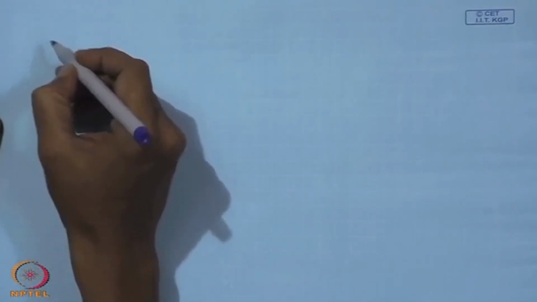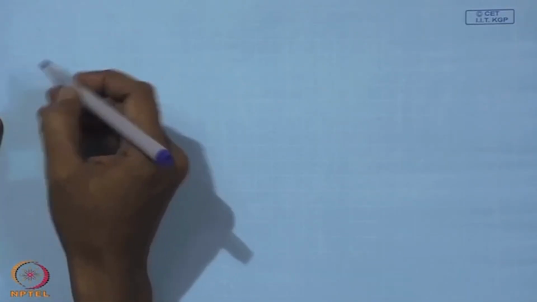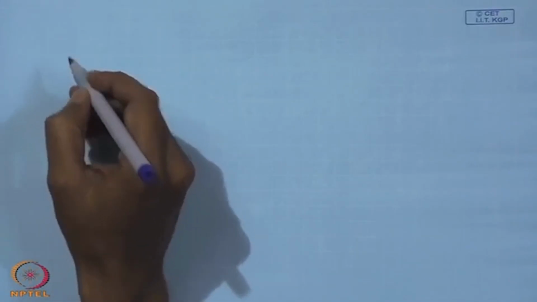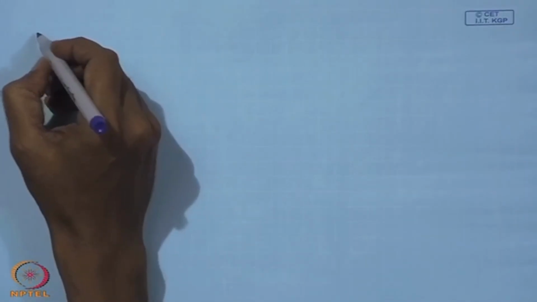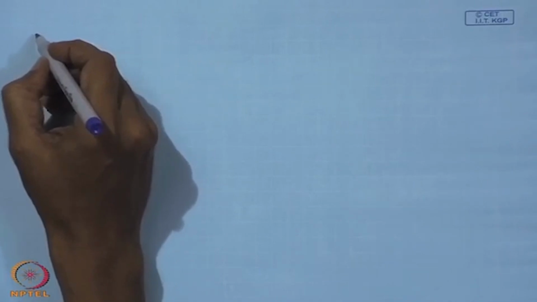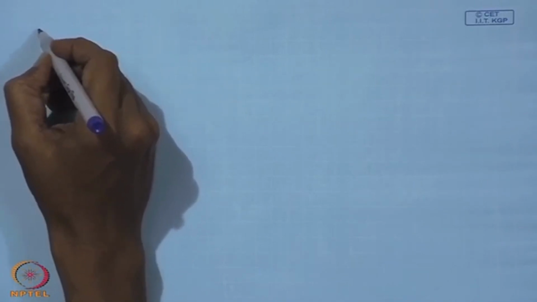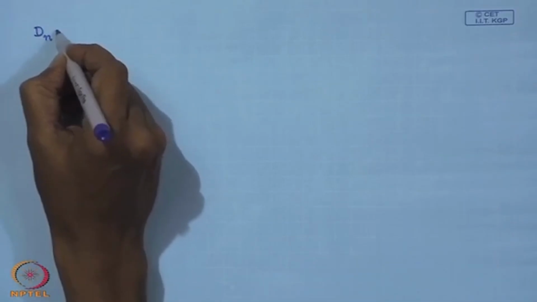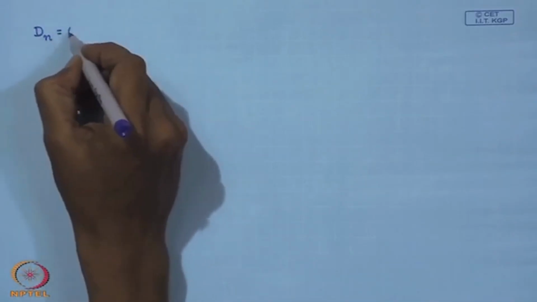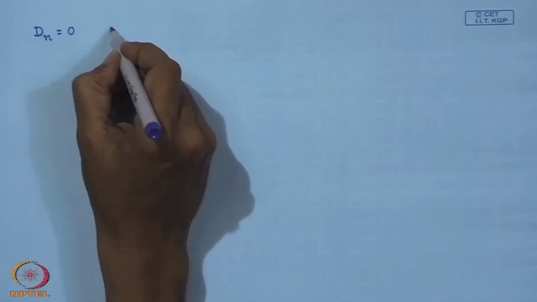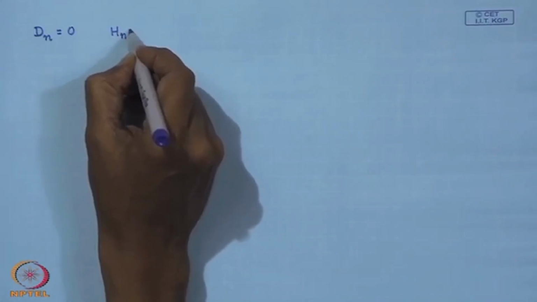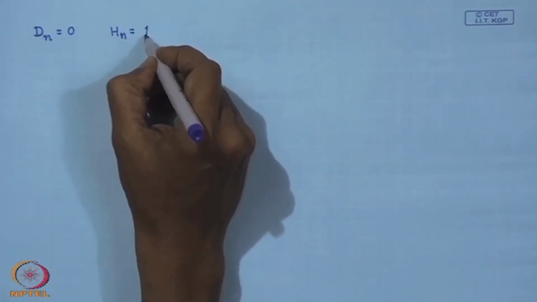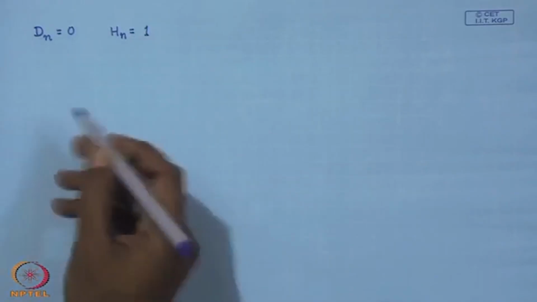So if you substitute these values of omega n into the boundary conditions, now it can be easily seen that the solutions are, or can be written in this form.